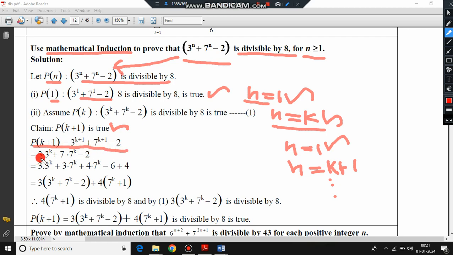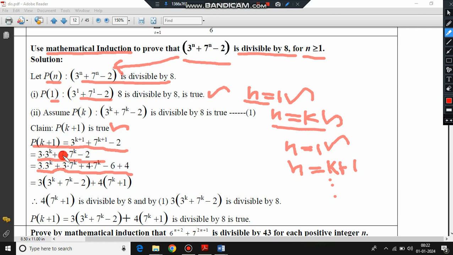How can we write this? 3^(k+1) we can write as 3 into 3^k, and 7^(k+1) we can write as 7 into 7^k, minus 2. We can write this as 3 into 3^k, 3 into 7^k plus 4 into 7^k. That minus 2 we can write as minus 2 plus 4.